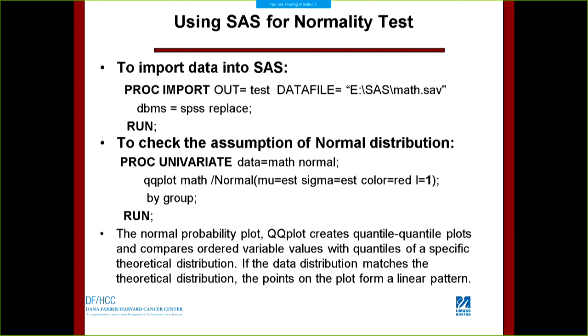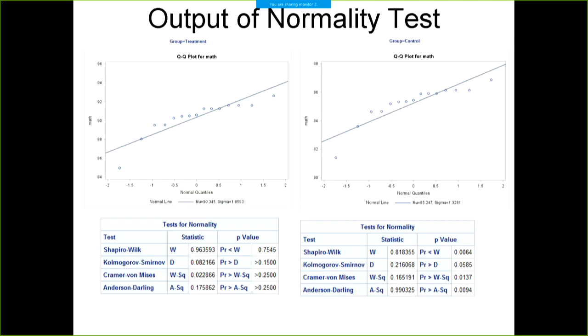Then we can check the assumption of normal distribution by using proc univariate, and select the QQ plot for the outcome variable math by the group. So basically, we are going to check the normal distribution for two individual, independent groups.